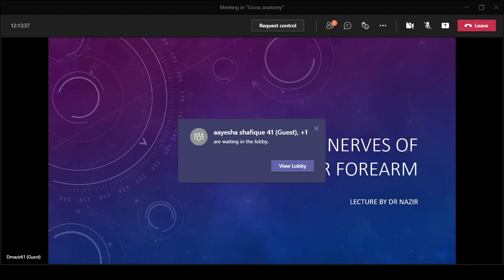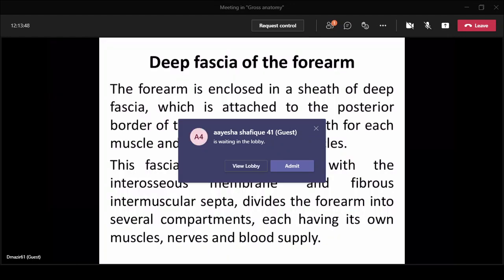The division between these two is the bones, radius and ulna, and the interosseous membrane. If we start from outside, initially is the skin, superficial fascia and deep fascia.